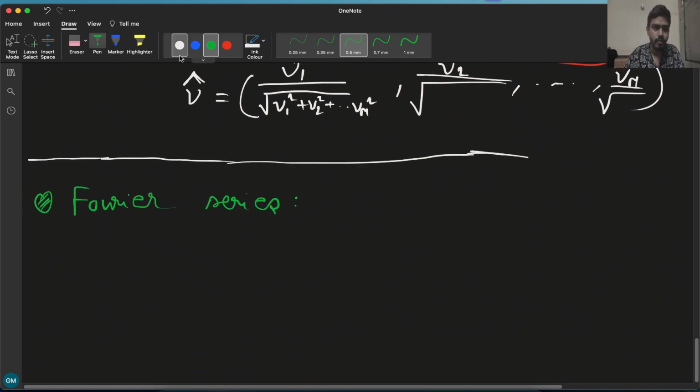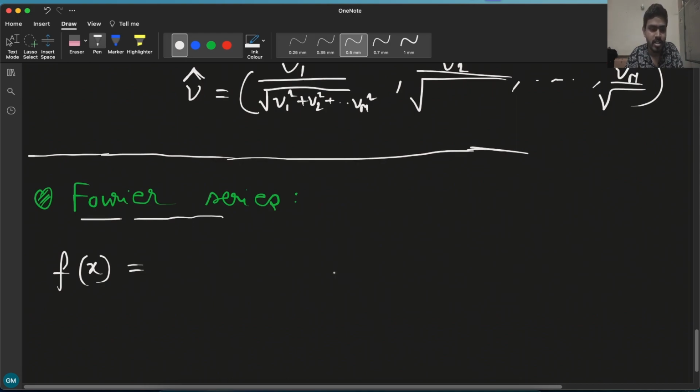What is it? It says that if you are given any function f(x) that follows certain conditions, called the Dirichlet conditions, which I will not explain, you should learn them separately, since a lot of online content is available on the internet.